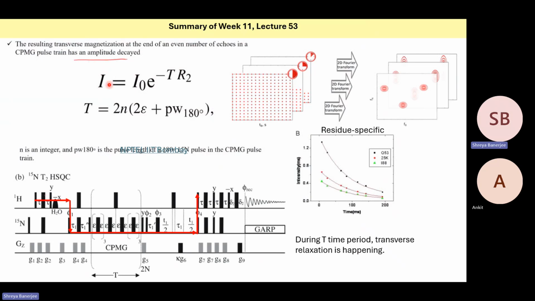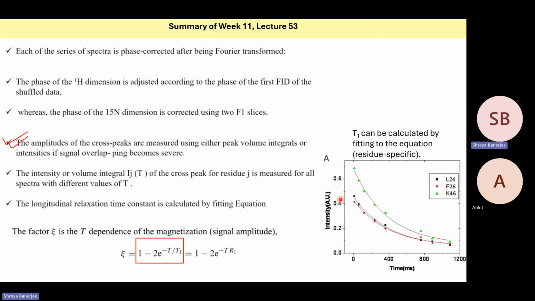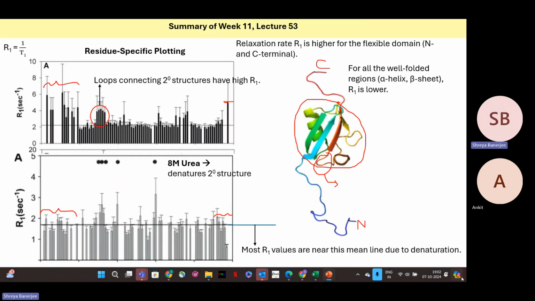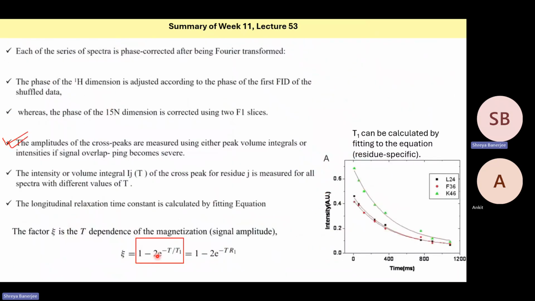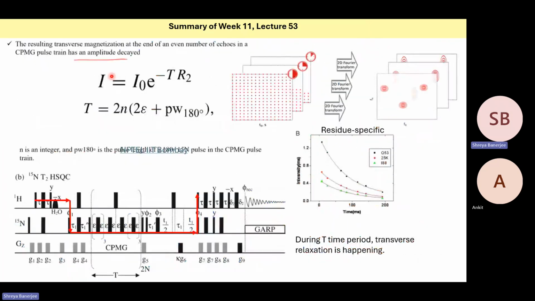the intensity, so in the previous case also, we got a plot of intensity with time. Here also, we'll get a plot of intensity with time. In the previous case, if you remember, the formula was 1 minus 2e to the power minus t by T1. In this case, the formula is intensity I is I0, the initial intensity, e to the power minus t R2.